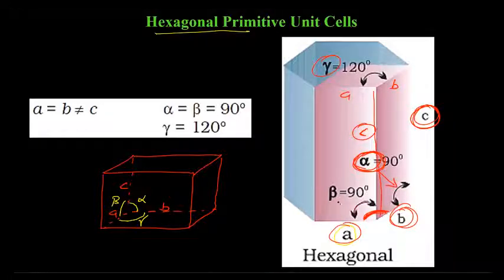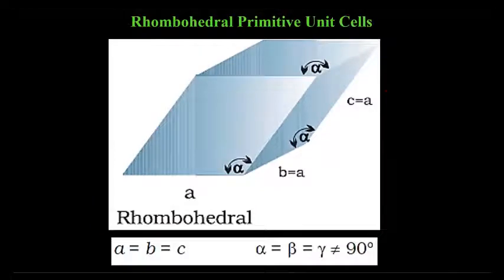This is beta between A and C. Gamma is between A and B. Hexagonal, I am just explaining a bit more because questions will largely be on hexagonal and monoclinic. It's not that questions can't be from others, but most important, these two.